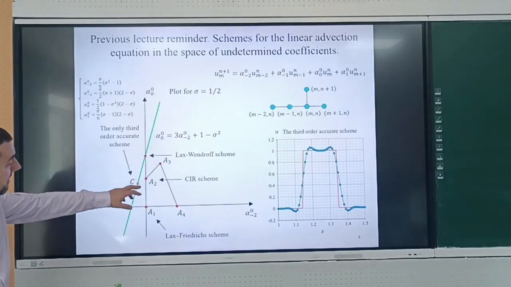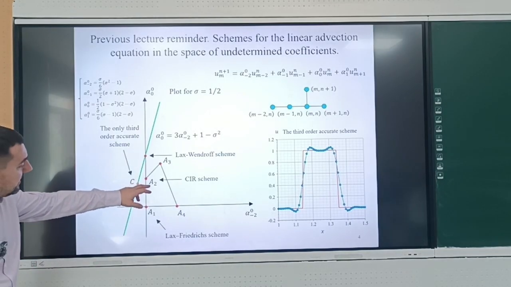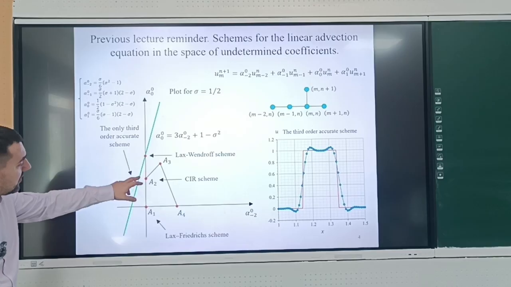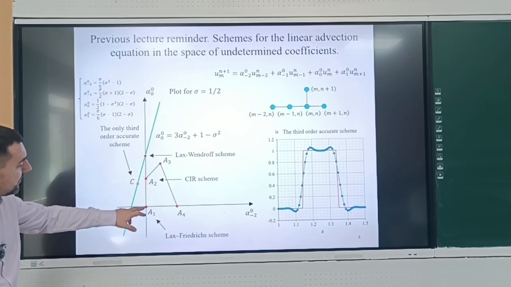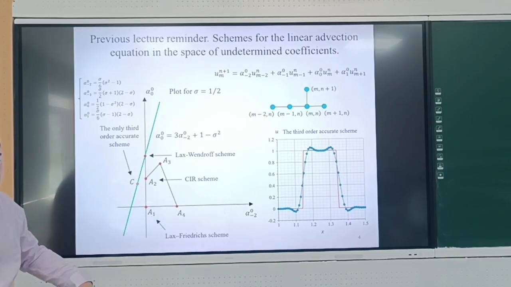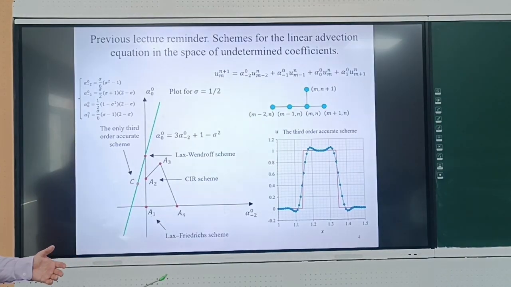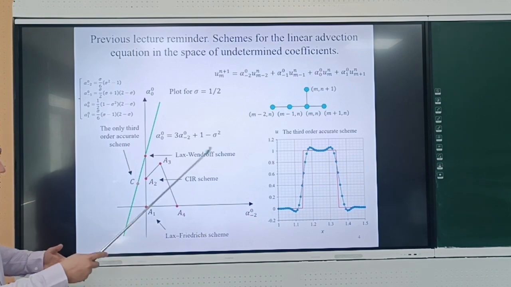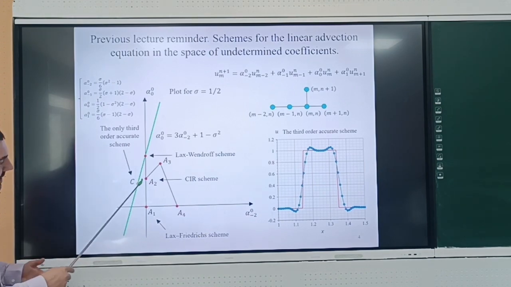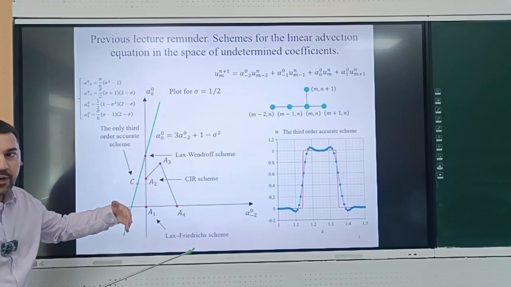But at the same time, you see that this A2 point is much closer to the space of second order schemes in comparison, for example, with A1 and A4. And surprisingly, if you compute some test using the A2 scheme or the A1 scheme, you will see that the A2 scheme is more accurate.